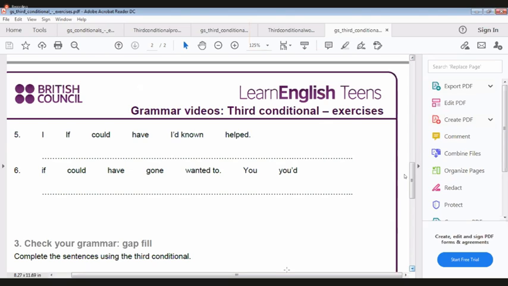You could have, what is the past participle? You could have gone, if, what is the subject? Now cut out "you could have gone" from here. What remains is the if, wanted to, and you'd, right? Put those in the proper order.